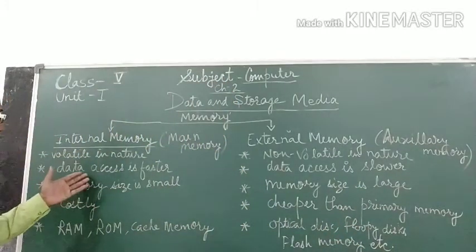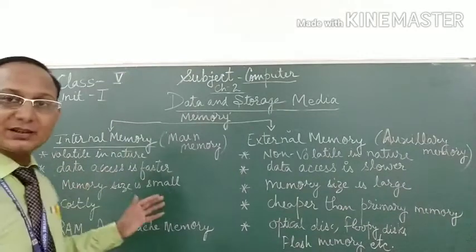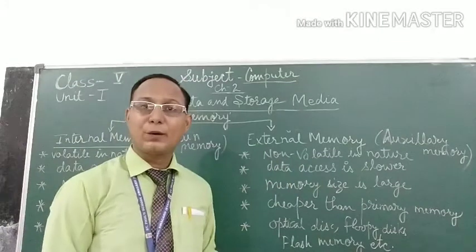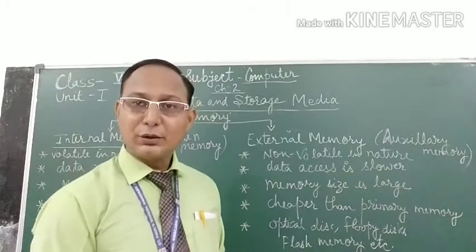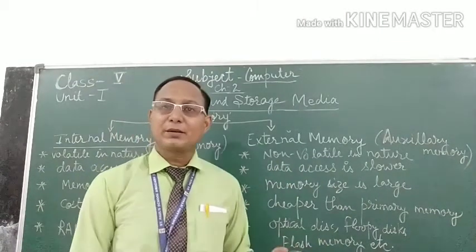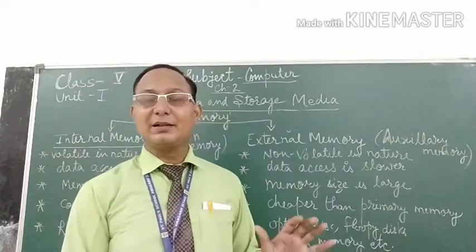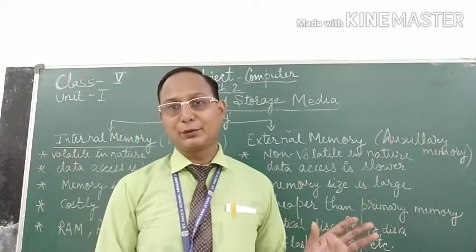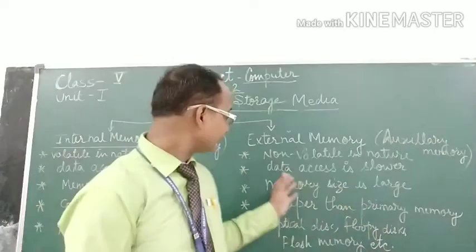Now, in internal memory, data access is faster. In external memory, data access is slower. Why? Do you know? It is because the data in the primary memory is directly accessible by the CPU or the processor.